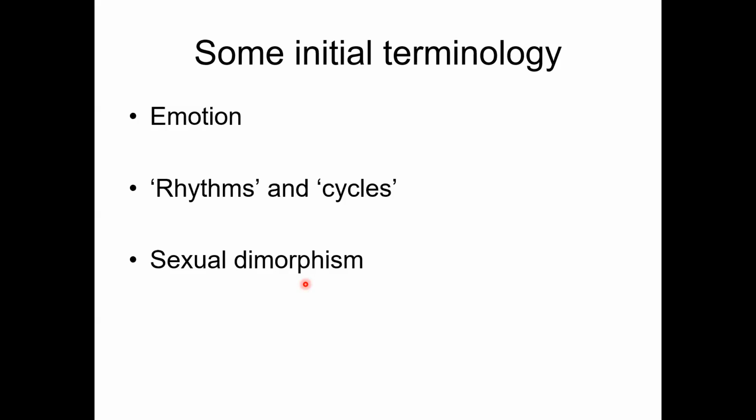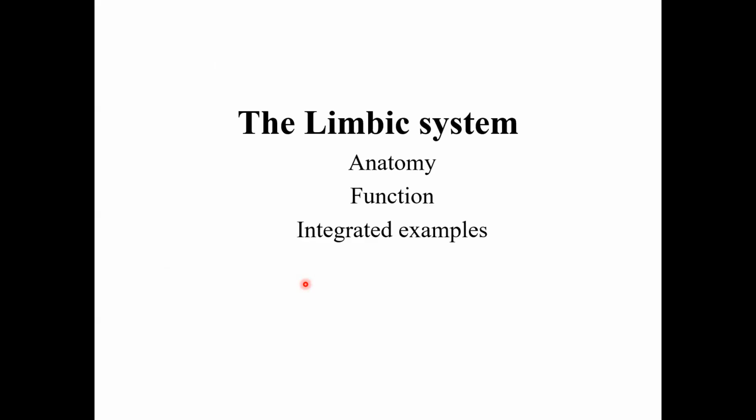So males and females are different in size and shape of the body. And this basically stems out of that part of the hypothalamus from when you are still a fetus. Okay, so now we are starting the limbic system. You can see that anatomy needs to precede the function, and then there will be some juicy integrated examples that we'll discuss.